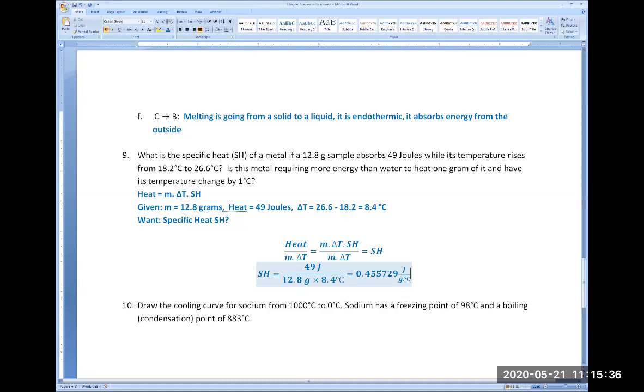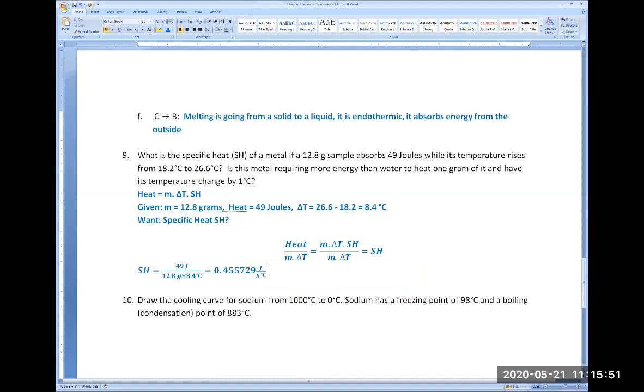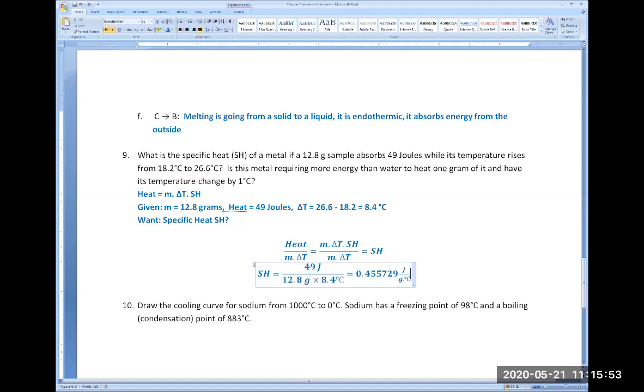I forgot to round this. Let's round this. We have 2 sig figs in the heat, 2 sig figs in the temperature change, and 3 in the mass. So we need to keep 2 sig figs.